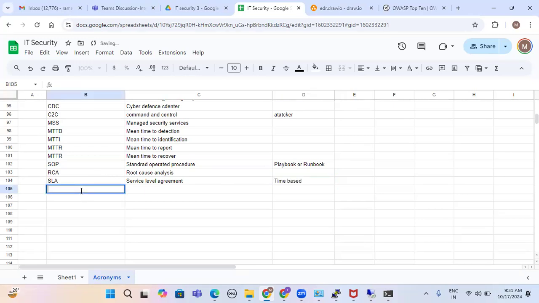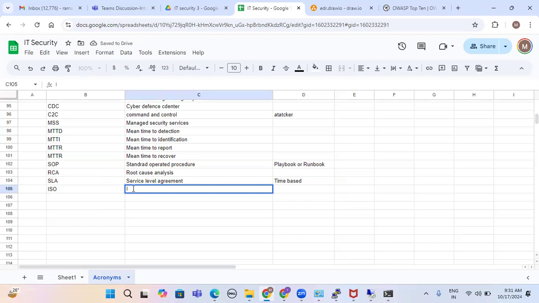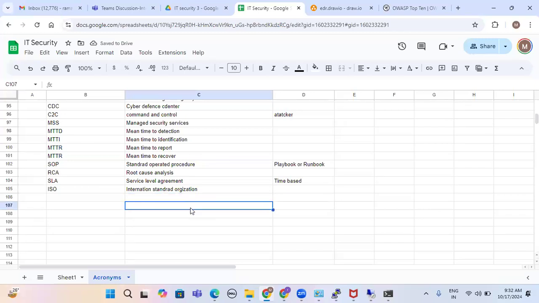So the next one is ISO, International Standard Organization. This one provides a couple of security principles.